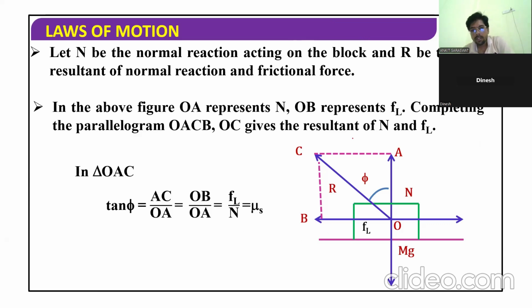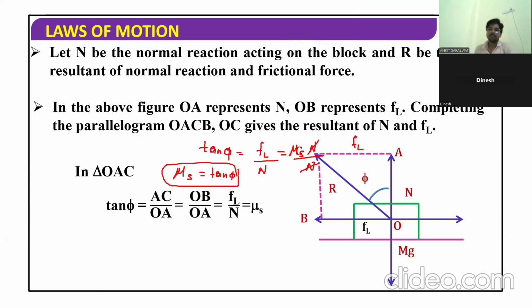If this is FL, this is also FL. Tan phi will be FL by N. And FL is mu s N divided by N, N cancels. So mu s will be tan phi.